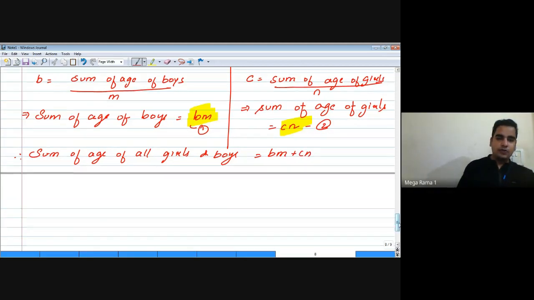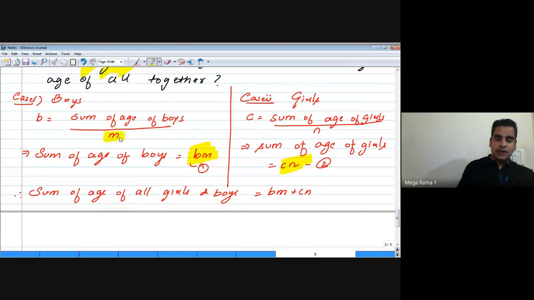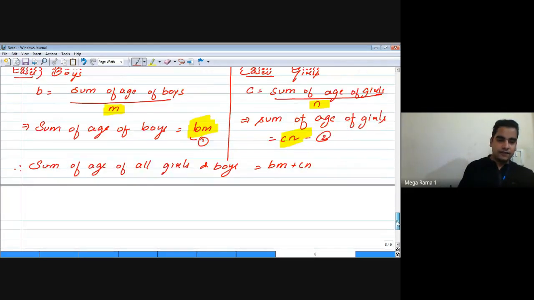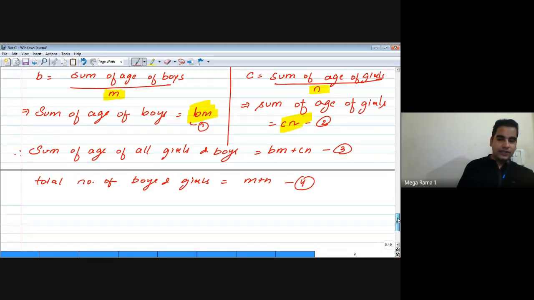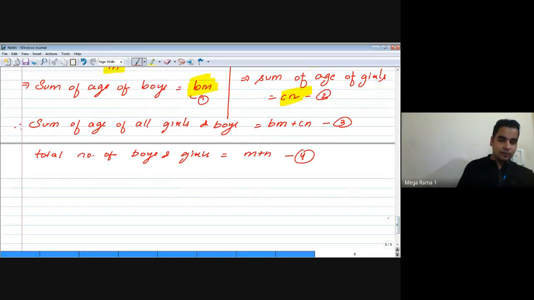Now how many boys do we have? We have M boys. How many girls? N girls. So how many total number of students do we have? Total number of boys and girls will be equal to M plus N. So we have the sum of ages of all the boys and girls, and also the total number of boys and girls.